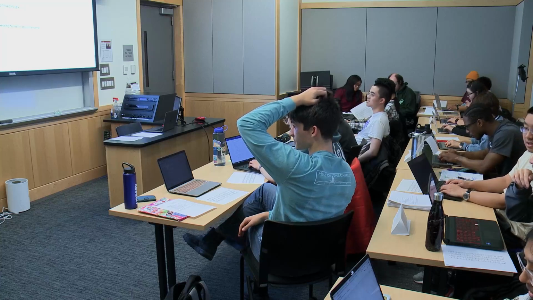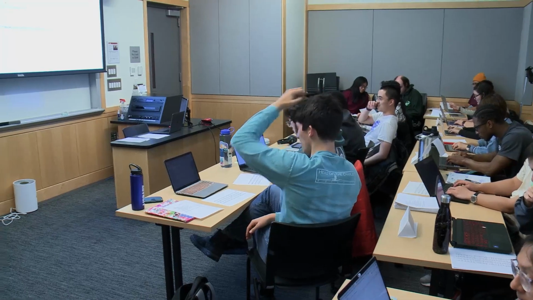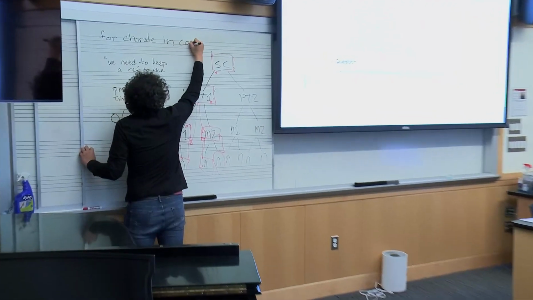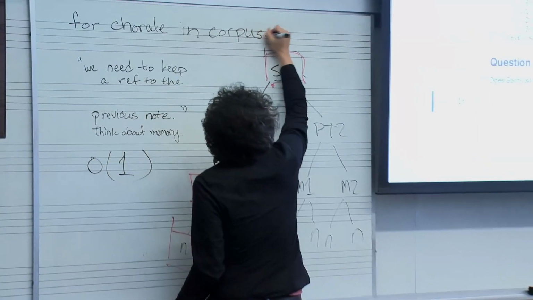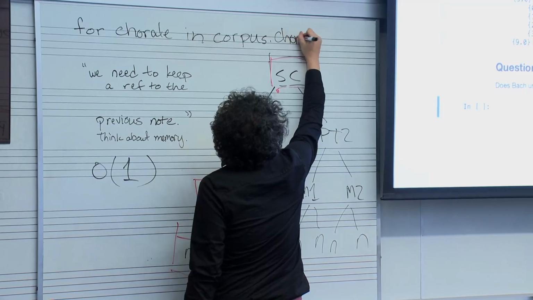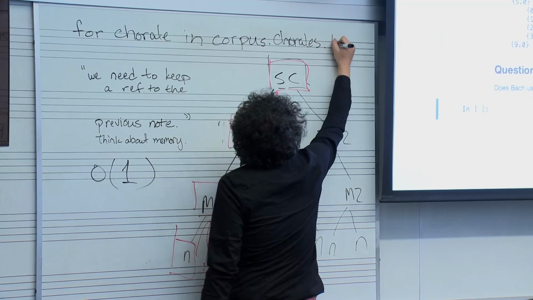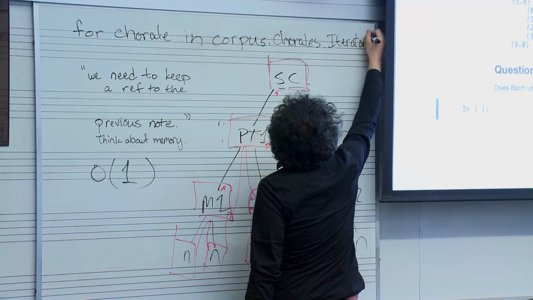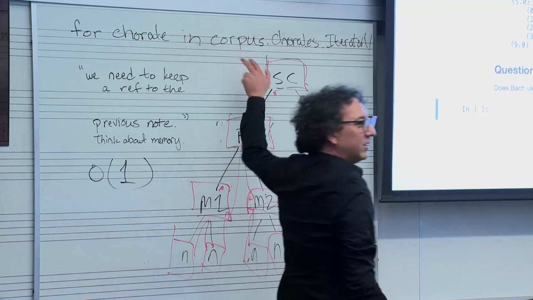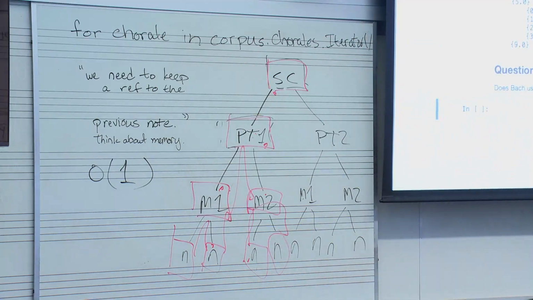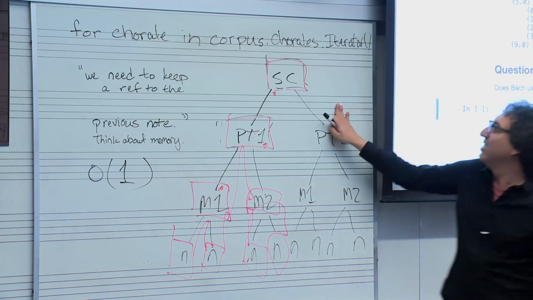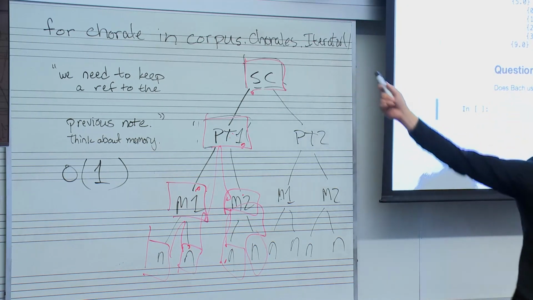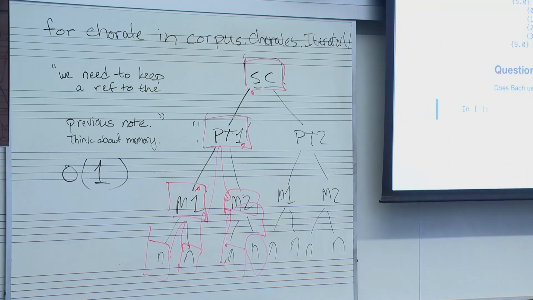But you could do for chorale in corpus. So Derek and Vincent, if you wanted to, there is a for loop you can do above it. And since we unlocked corpus, that will give you all.